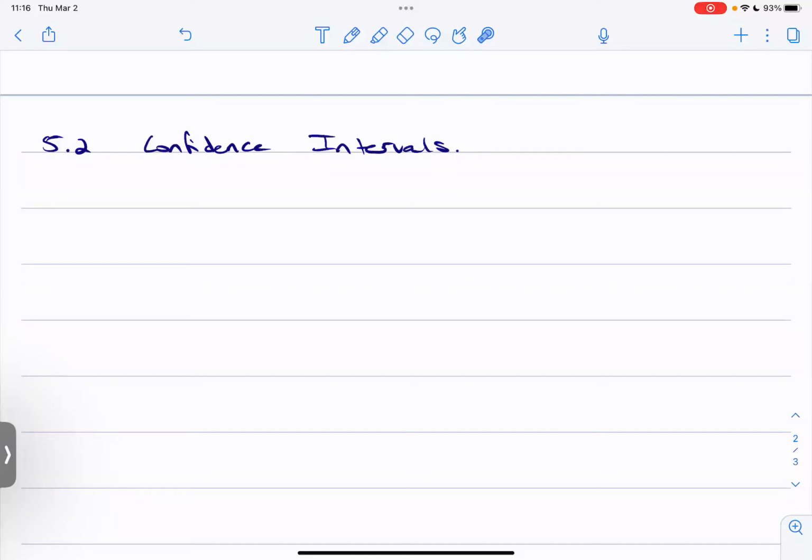What would I have to do to increase that confidence? I'd have to increase my buffer, right? 25 plus or minus 5. 25 plus or minus 10, then I should be really confident, right? And so we have this idea of a confidence interval kind of built in.